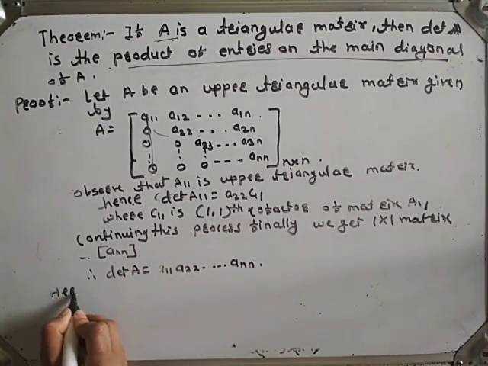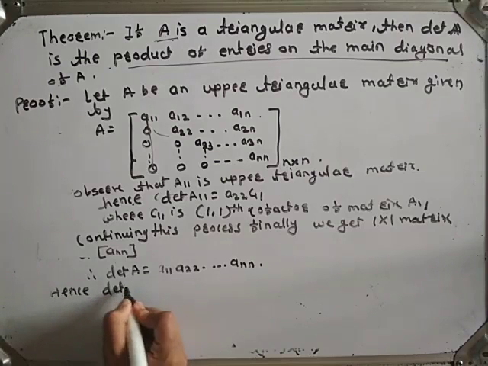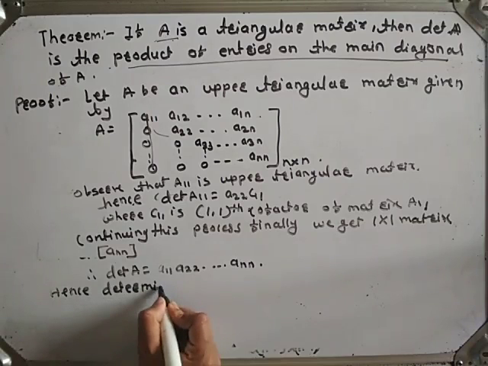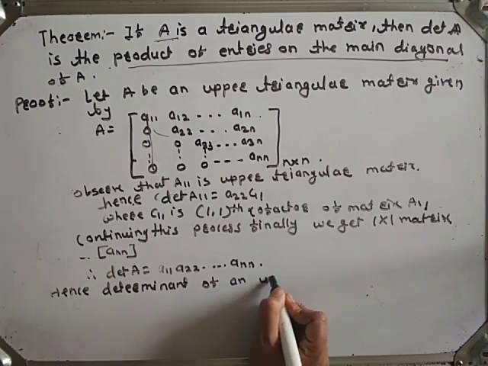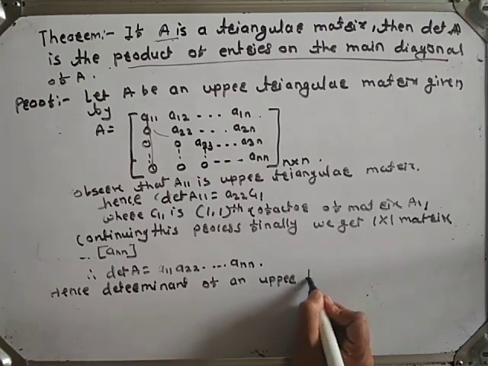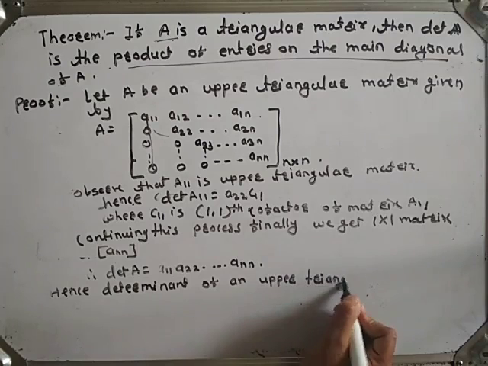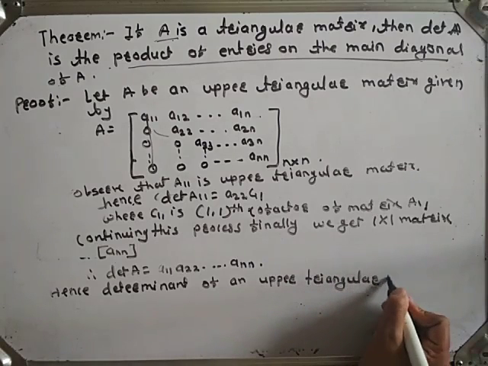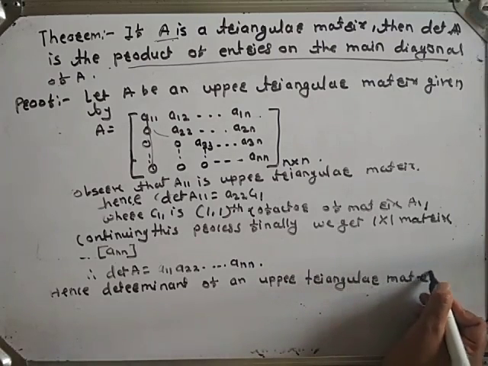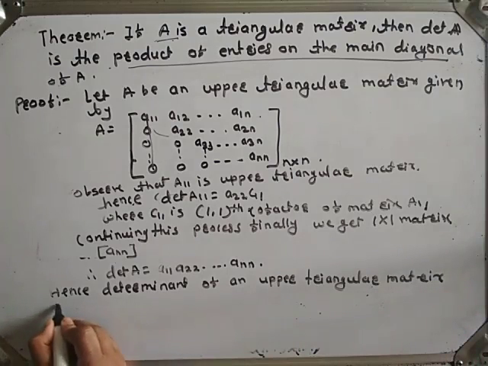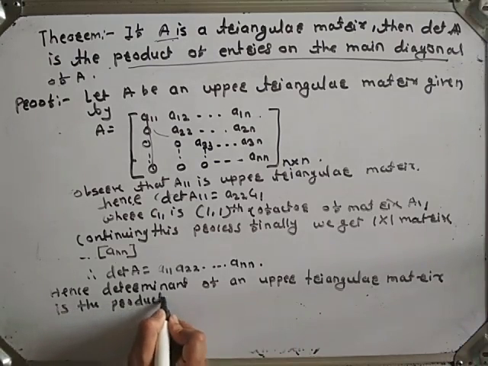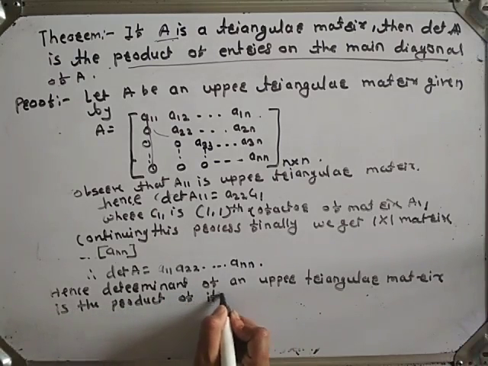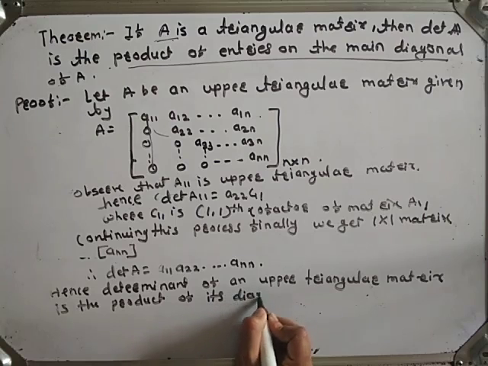Hence, determinant of an upper triangular matrix is the product of its diagonal entries.